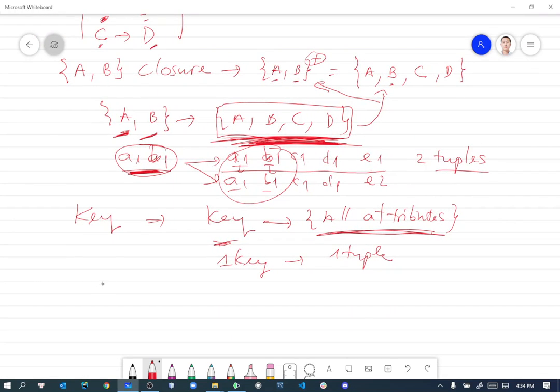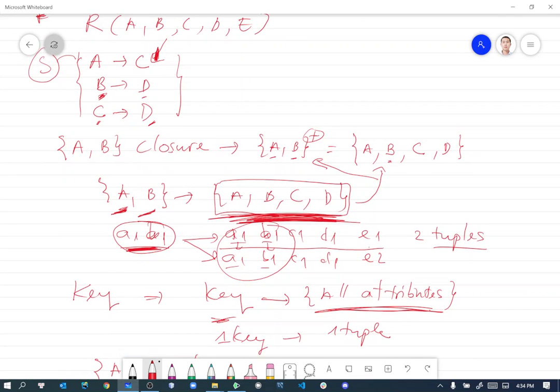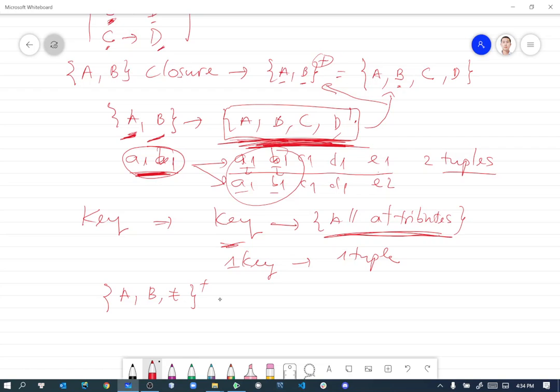That's why you can say (A, B, E)+, because you still miss one E here, I just do the augmentation and add the E. Then it should be equal to A, B, C, D, and E. Which means that given A1, B1, E1, I can find only A1, B1, C1, D1, because A and B determine A, B, C, D, so you only find one.